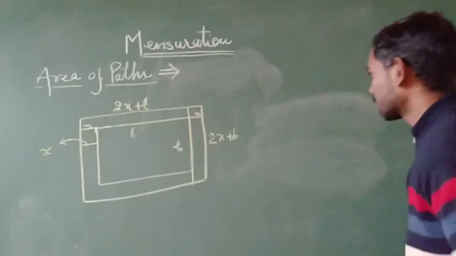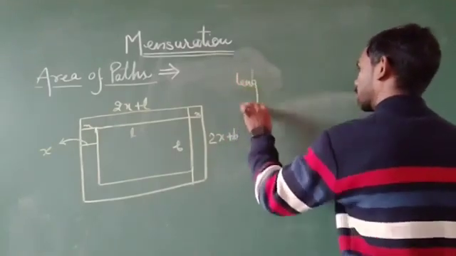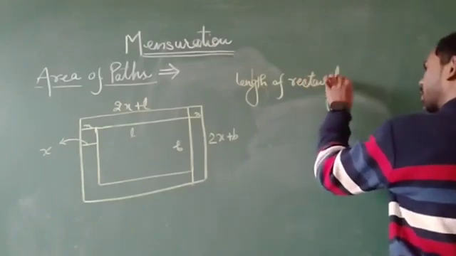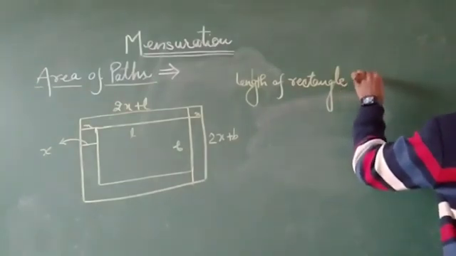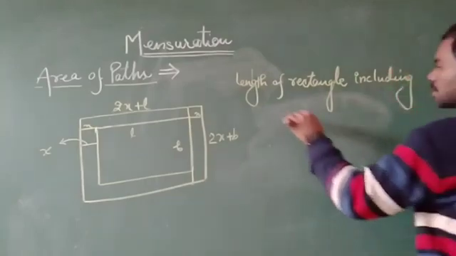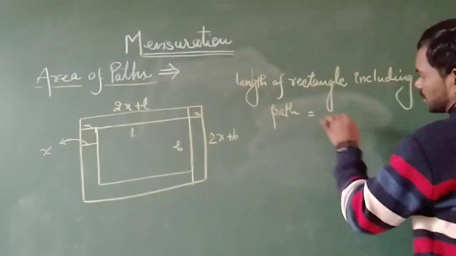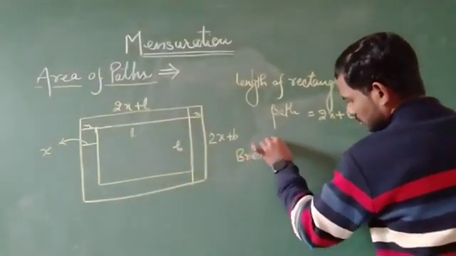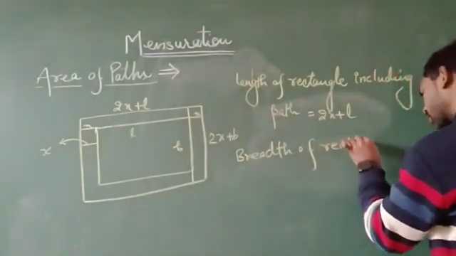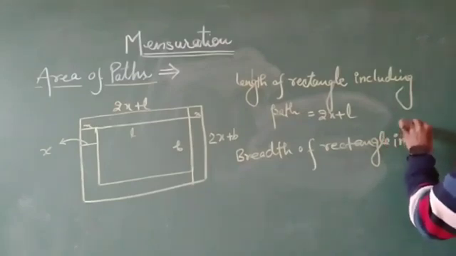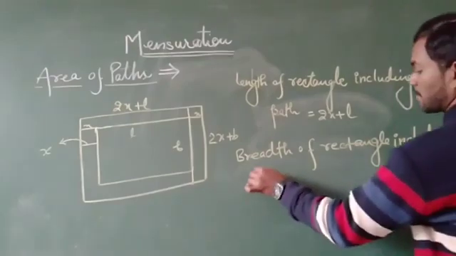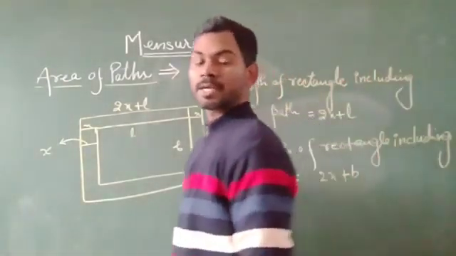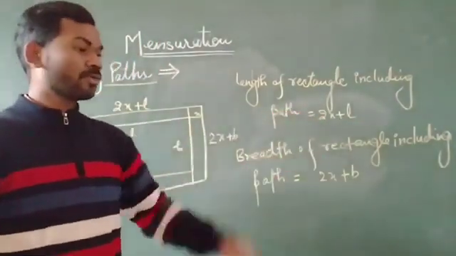First, length of rectangle including path, and this will be equal to 2x plus L. And breadth of rectangle including path, it becomes 2x plus b, so the dimensions of the rectangle including path are 2x plus L and 2x plus b.